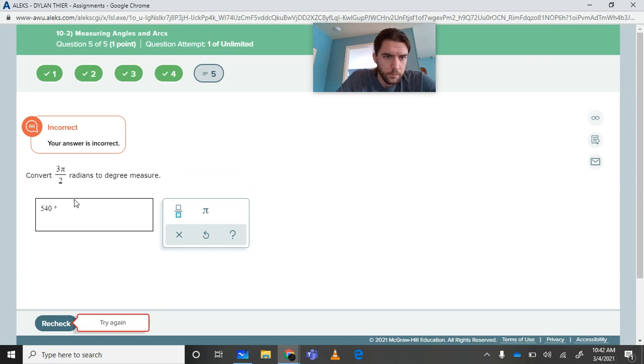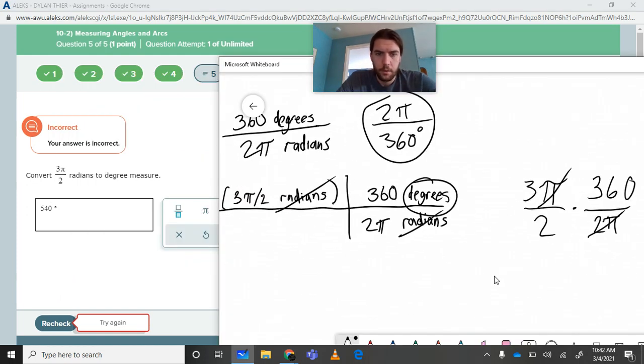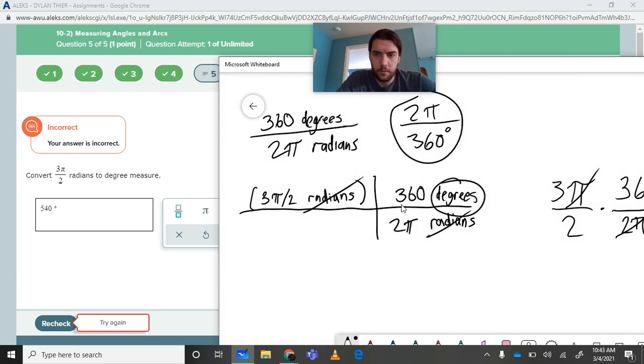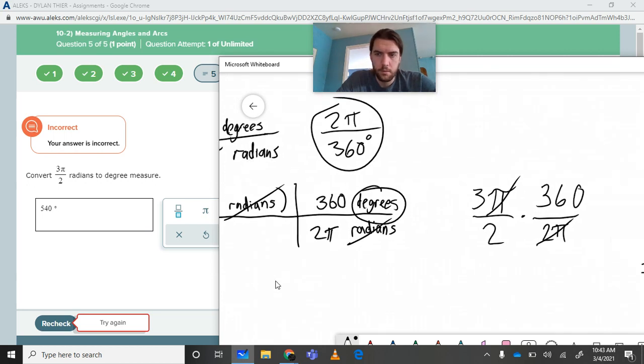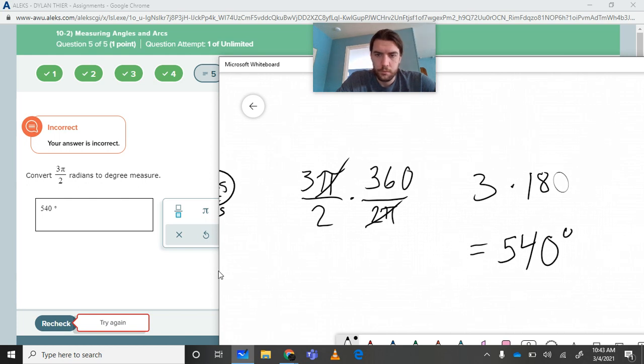Uh-oh. 3 pi over 2 radians to degrees. What was off there? 3 pi over 2 radians. 2 pi radians for every 360 degrees. I guess I canceled out more than I meant to here, didn't I? There's 2 pi on the bottom. Should not have crossed out the other 2. Should only cancel out that.